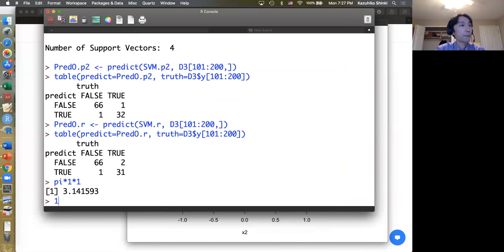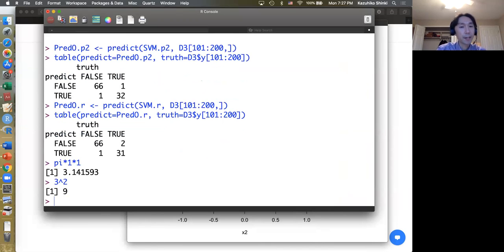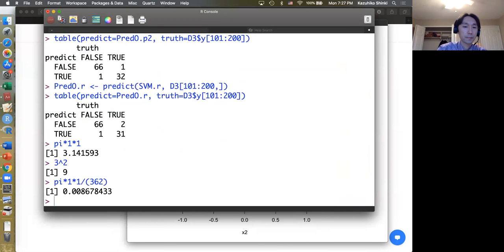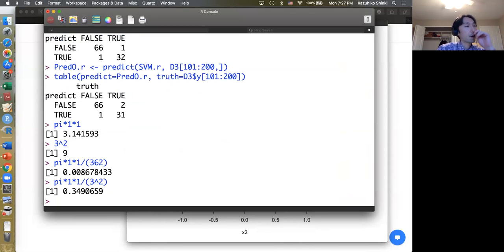And the original data space is 3 by 3, so 9. So approximately only 35% of observations are within the circle. For this kind of imbalanced data, the classifier does not work well.